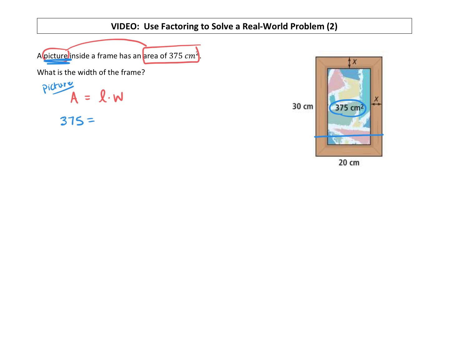So if we take that 20 centimeters and we remove, I'm going to use a little eraser, we remove this X from that side and we remove this X from this side. Do you see how that's leaving us with the length of our picture?